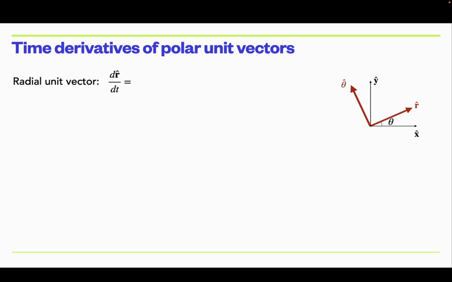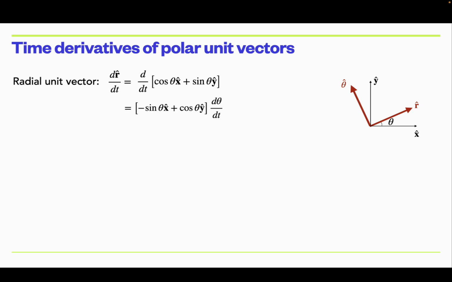What we want to do is calculate the time derivative of our r hat unit vector. We simply plug in our expression of r hat in terms of the Cartesian coordinates. Now we can just take the time derivative of the theta values. X hat and y hat are fixed in space, so their time derivatives are zero.